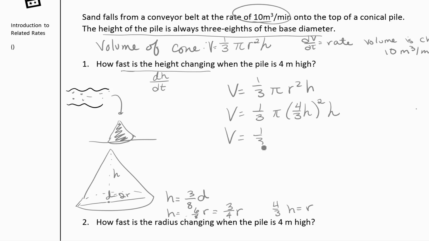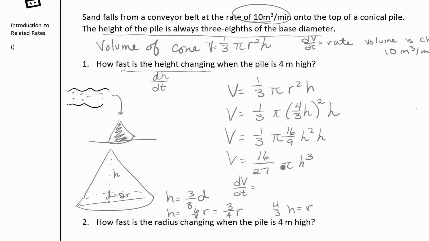We'd have 1/3 times pi, squaring the 4/3 gives us 16/9 h squared, times h. So this would give us 16/27 pi h cubed.